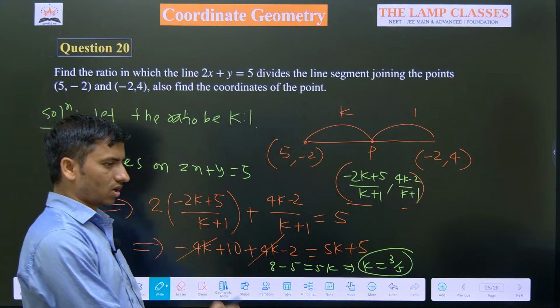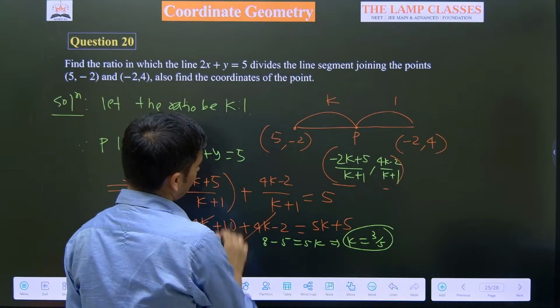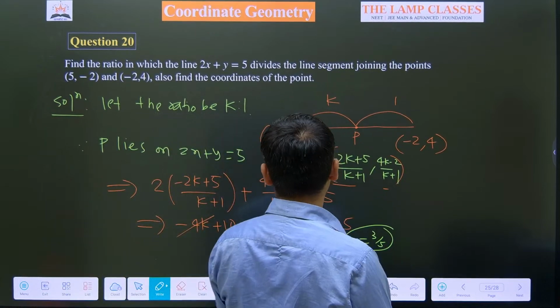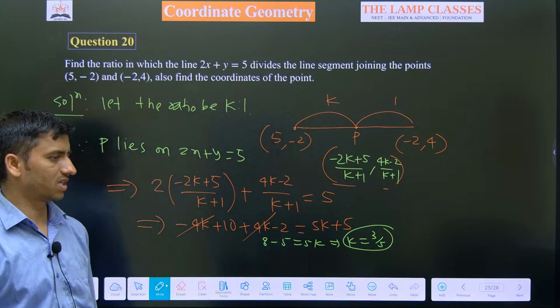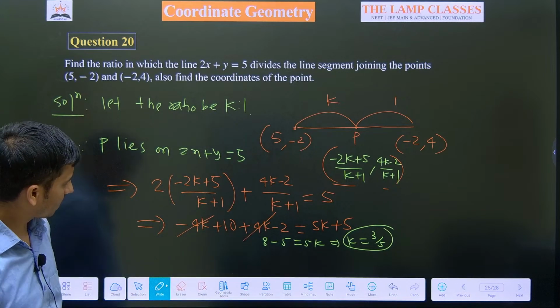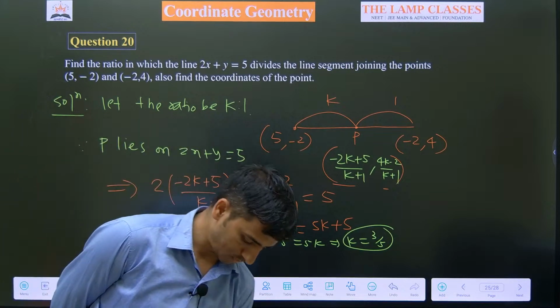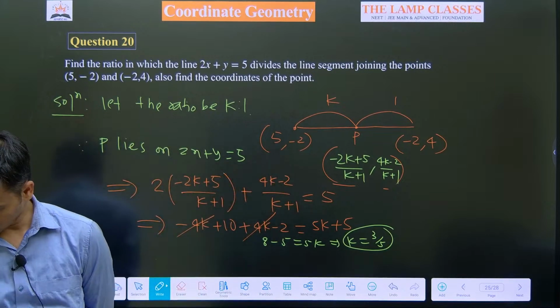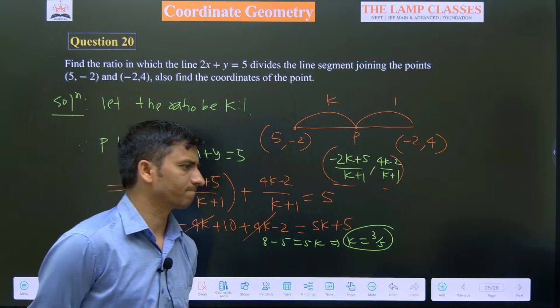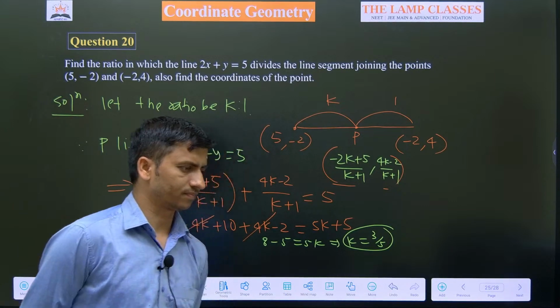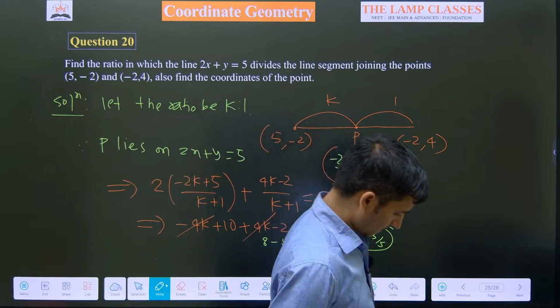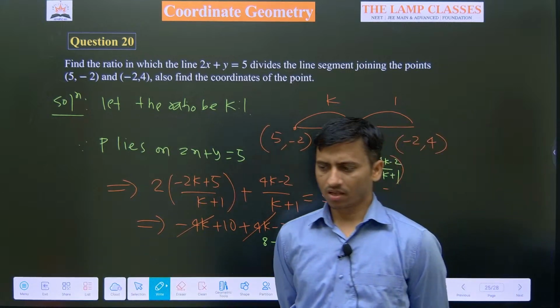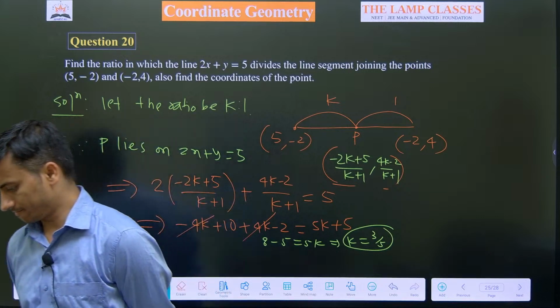So we will write the concluding line. The given line divides this line segment in the ratio 3:5, obviously internally, right? How many of you have got the same answer?